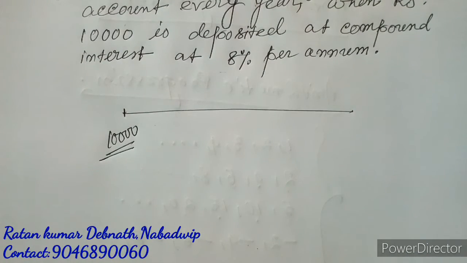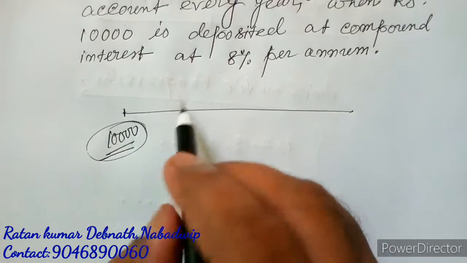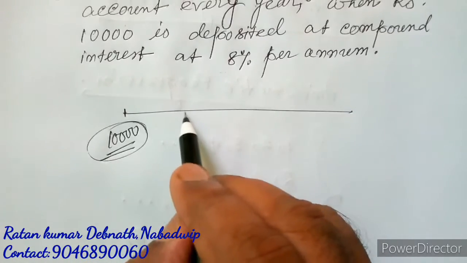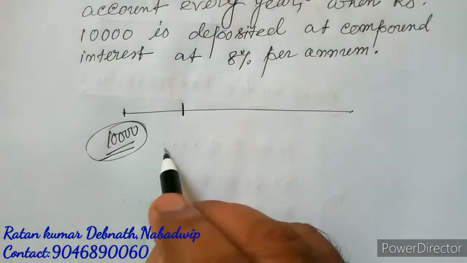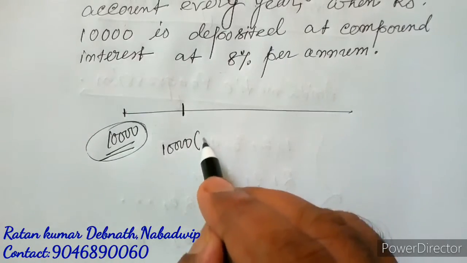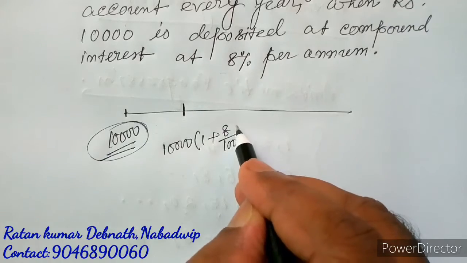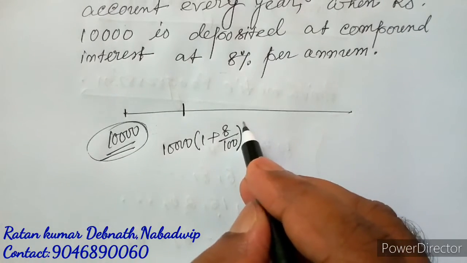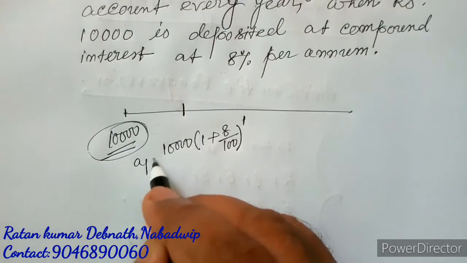Suppose someone deposits rupees 10,000 today. After 1 year, it will be 10,000 into 1 plus 8 by 100 to the power 1. This is our A1.